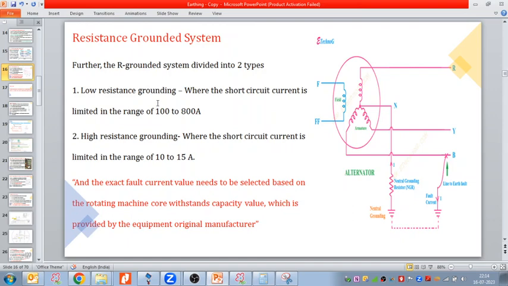But which resistance grounding we have to follow, or how much current we have to limit?